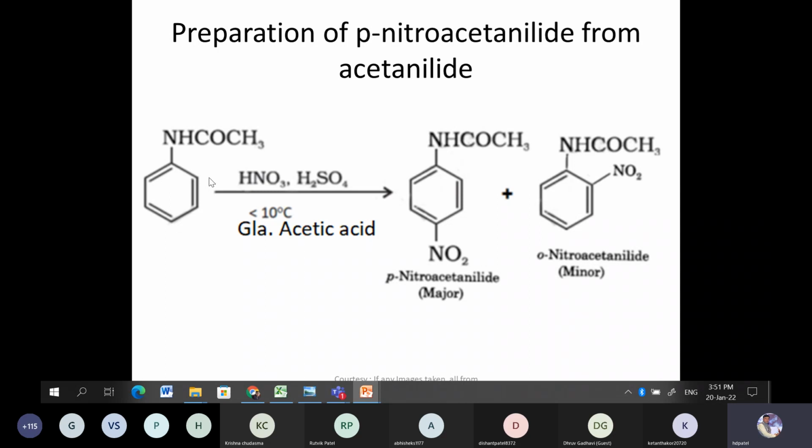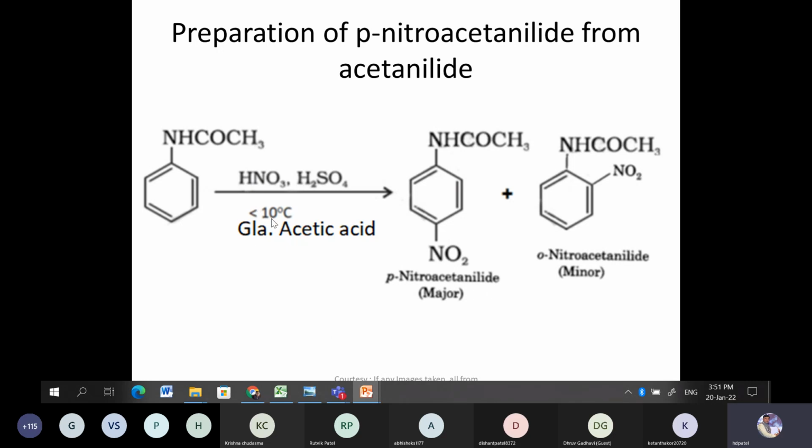Second, steric hindrance is there, so due to the steric hindrance it will allow only a little amount of nitro group at the ortho position. Otherwise, maximum product will be formed based on the para directing effect of NHCOCH3. So para-nitroacetanilide is the major product.